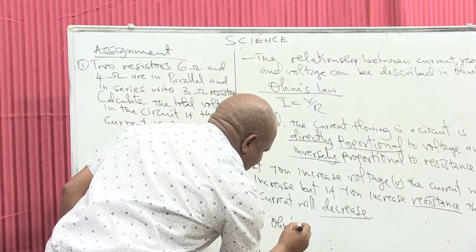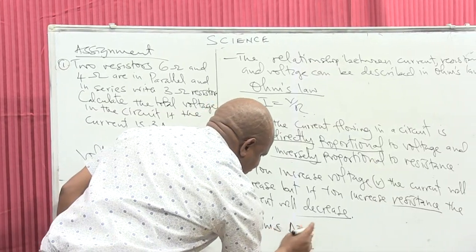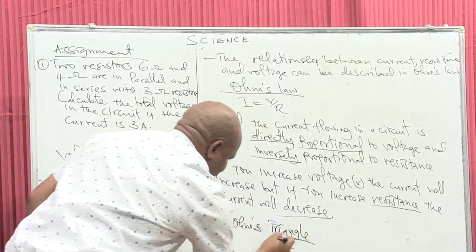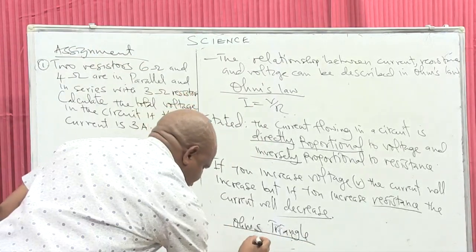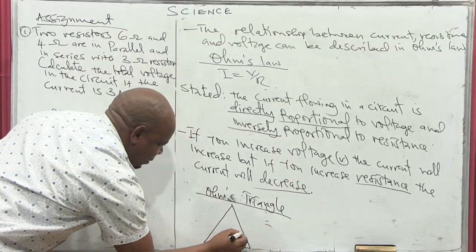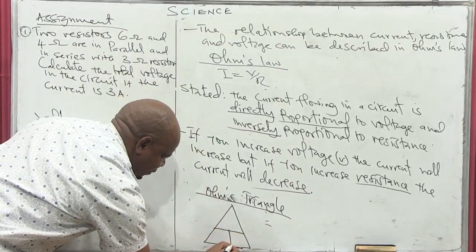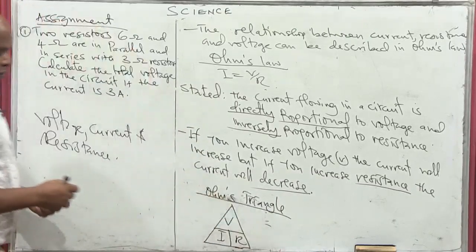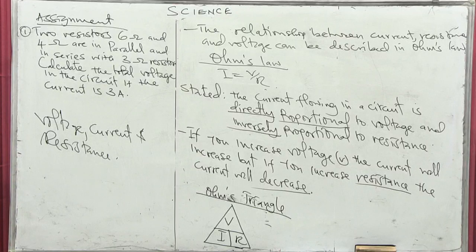Ohm's triangle. This sums up everything. V, I, R as our end.